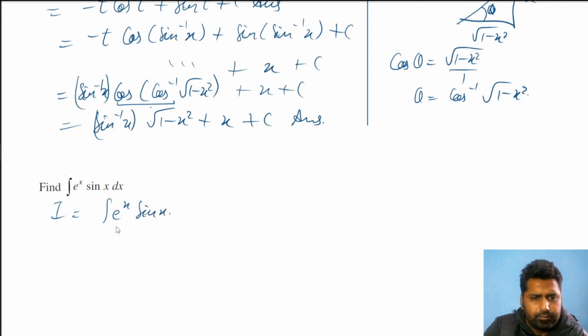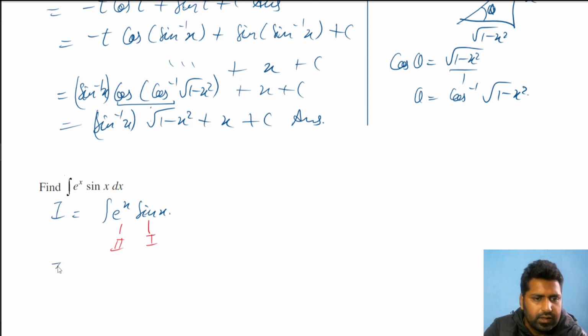Isolate. Inverse is not there, log is not there, algebra is not there, t, trigonometry. So this is our first function, this is our second function. So first function sine x as it is.